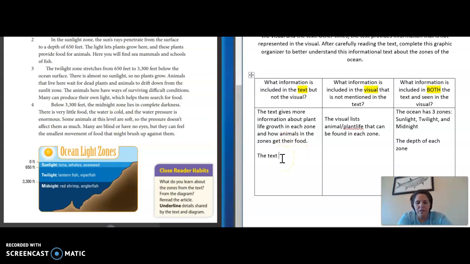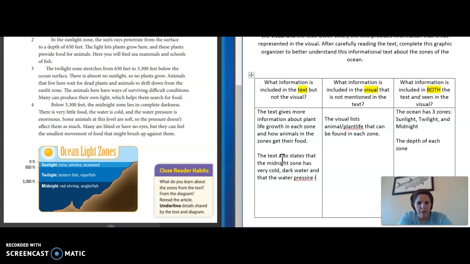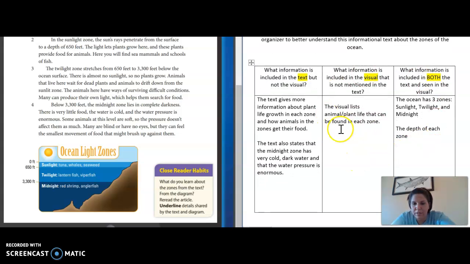So the text also states that the midnight zone has very cold, dark water, and that the water pressure is enormous.